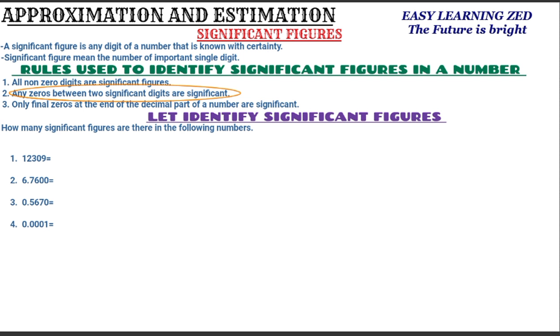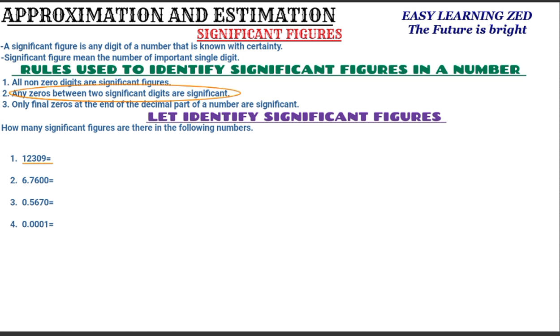Now when you look at this number, the one I've underlined in orange, that number is 12,309. You see that there is a 0 in between significant numbers, because we said all non-zero numbers are significant.